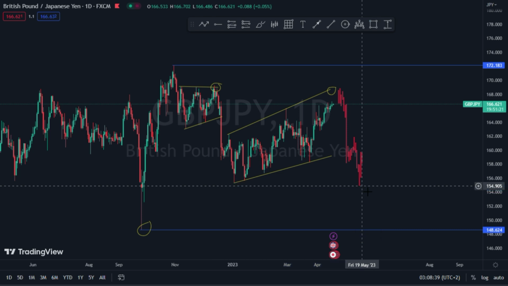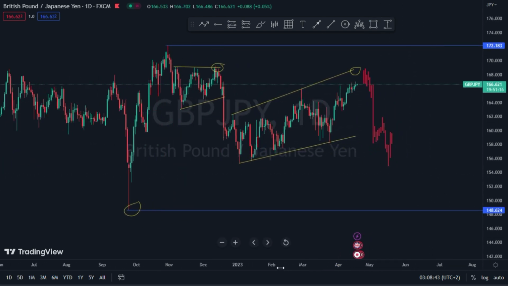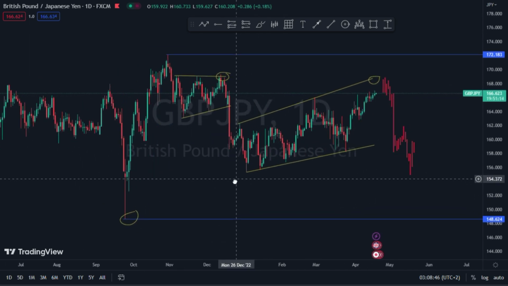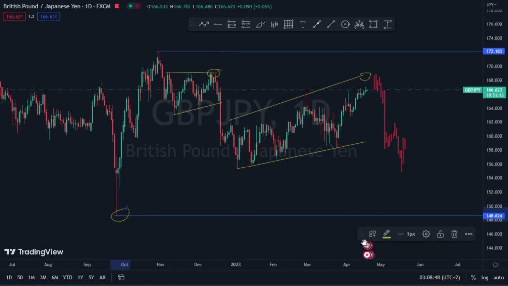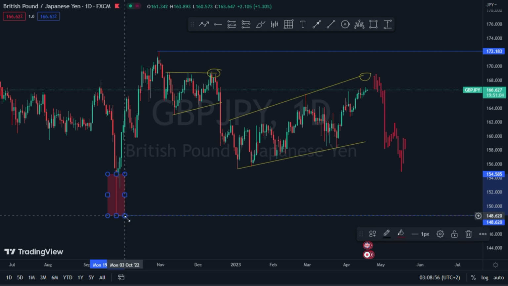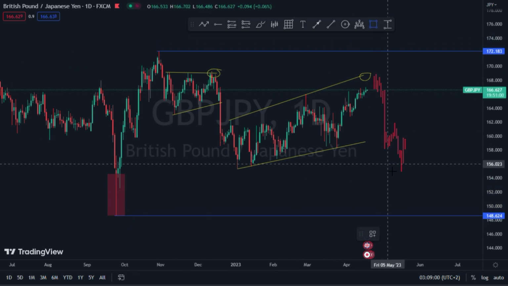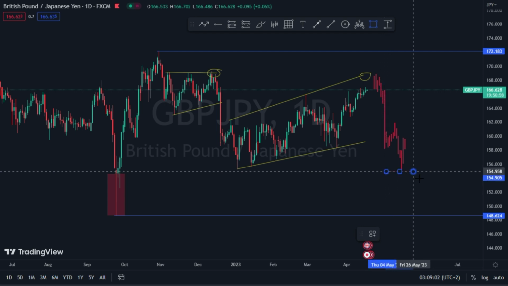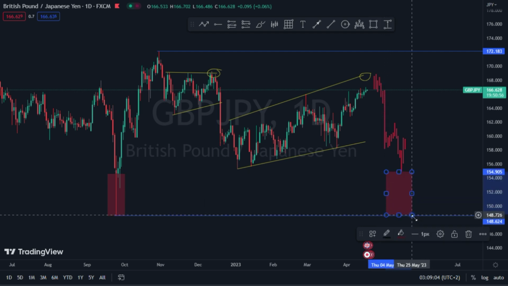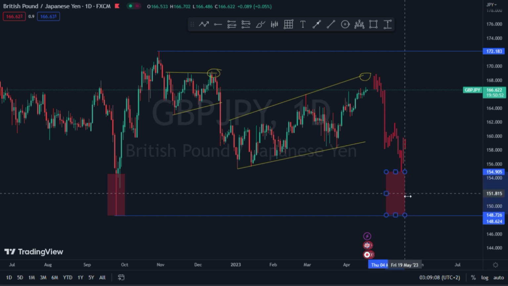But now that we can see that there was this rejection right here, there is a high probability that the market must fill that area, right? There is a high chance that the market will fill that area.